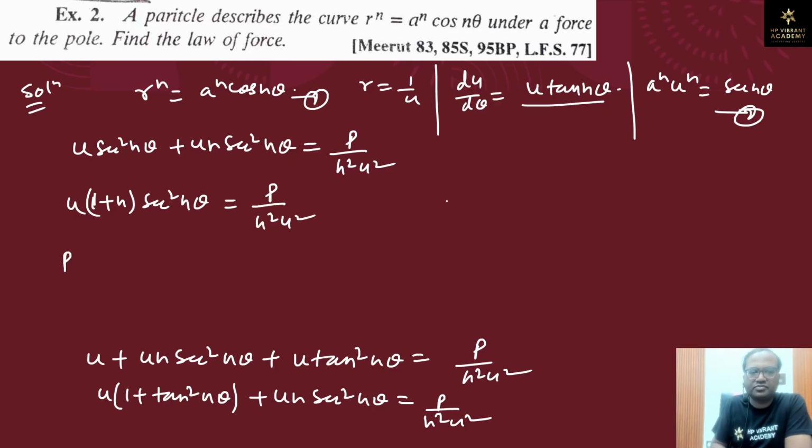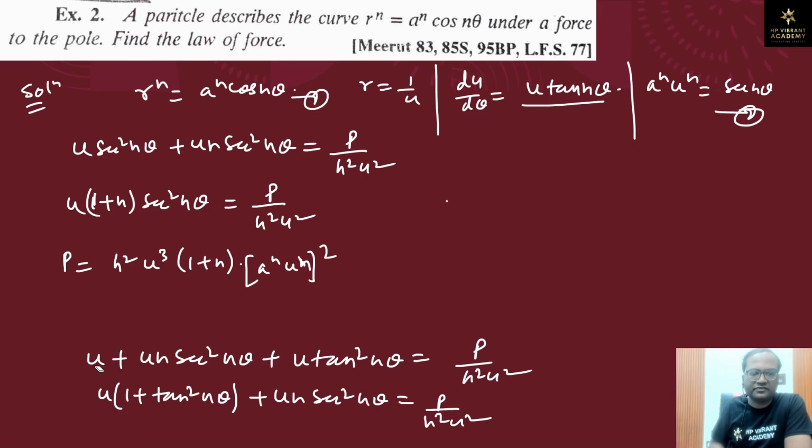So from here we have p is equal to h square. U square is here and u is here. So u cube, 1 plus n into sec square n theta, and sec n theta is a to the power n u to the power n. So a to the power n u to the power n of whole square.